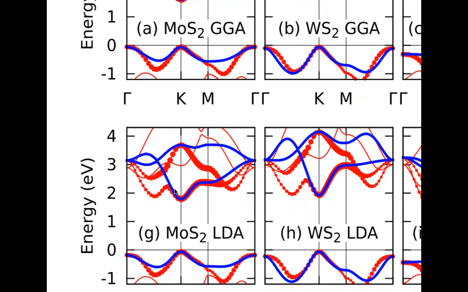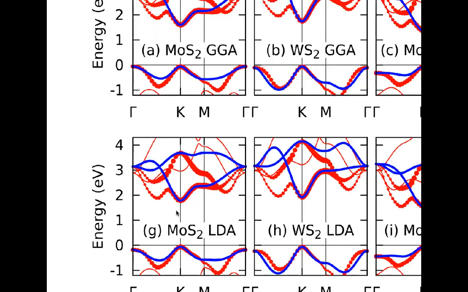Then you will expect that the K value description is still good, and near the gamma point is still okay, because these are high symmetry points, and usually the high symmetry points are easier to deal with. But once you're away from the K point, you can see that they are very off. That means the nearest neighbor coupling is still not very good to describe the whole band structure. So that's what they did.